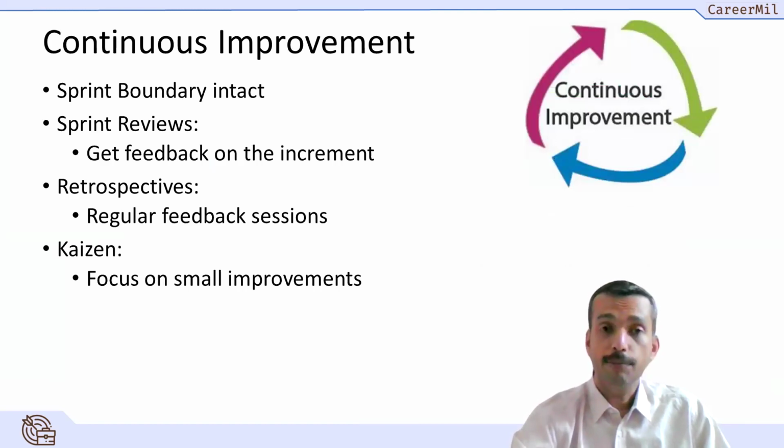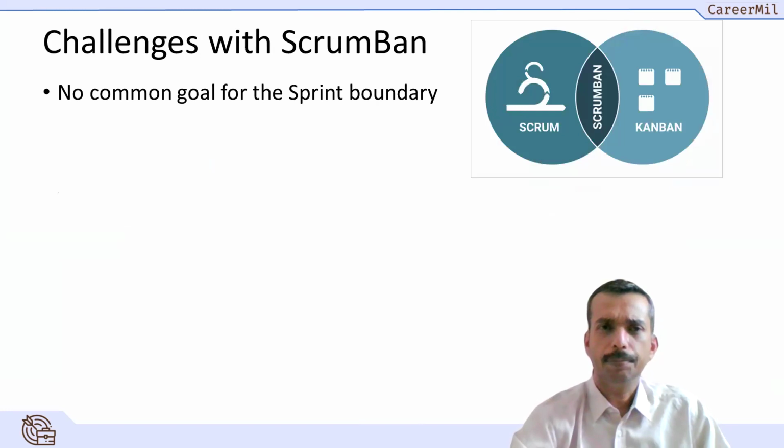You would have your retrospectives. How do you improve as a team, sprint after sprint? At the end of this retrospective, you have at least one improvement item. You call it the Kaizen, and you pick it up in the next sprint. So those are some notes around the continuous improvement.